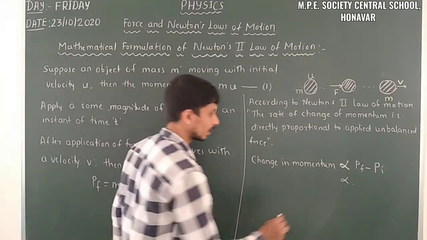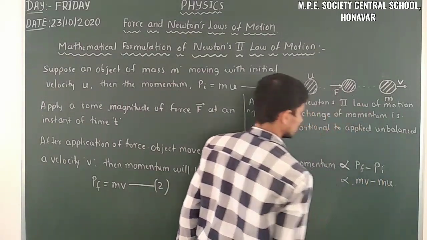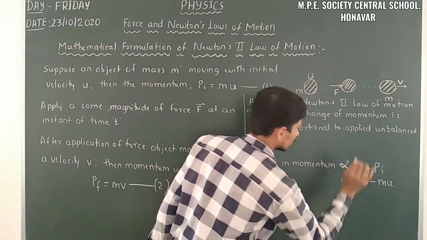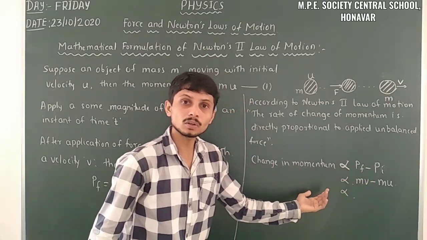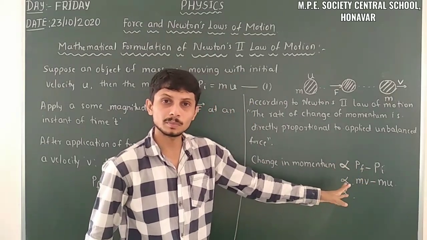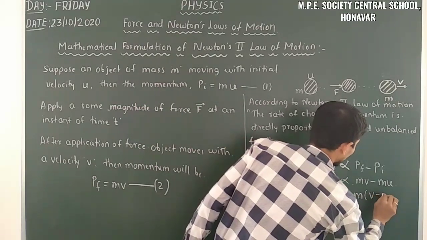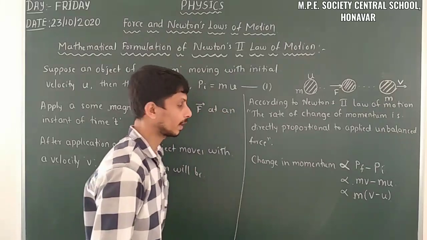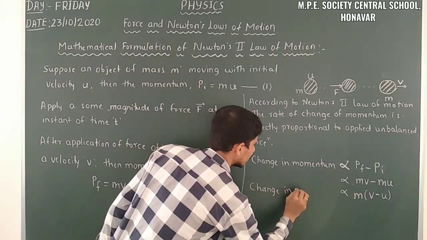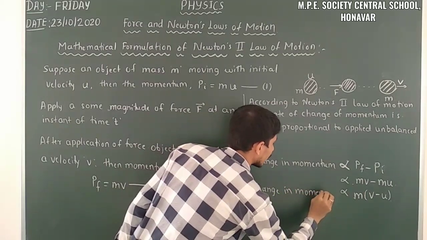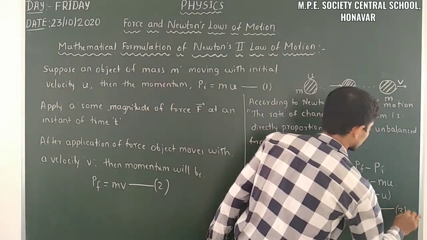So mv minus mu, directly proportional to. Here we can take m out from both, because m is common. So m into (v minus u) is the change in momentum. We consider this as equation number 3.